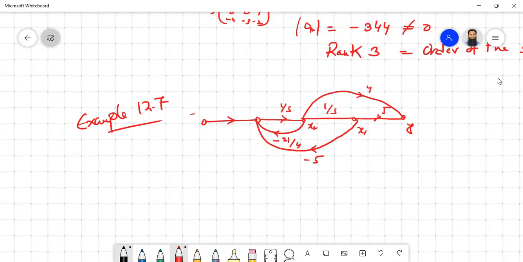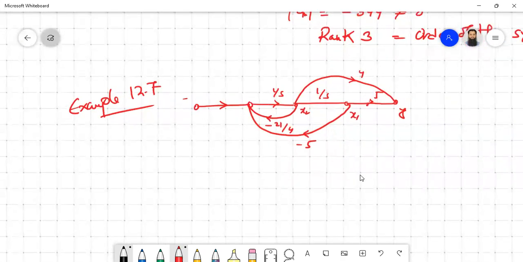Let us first find out the represented system, x dot equal to Ax plus Bu. As you can see, the system is a second order system because we have two integrators, two 1 by s.